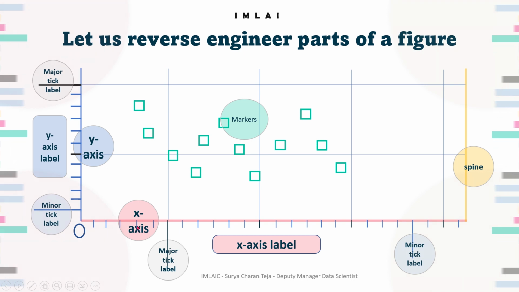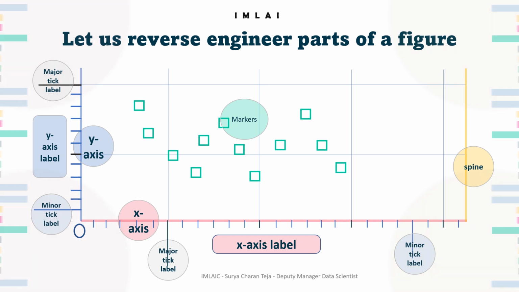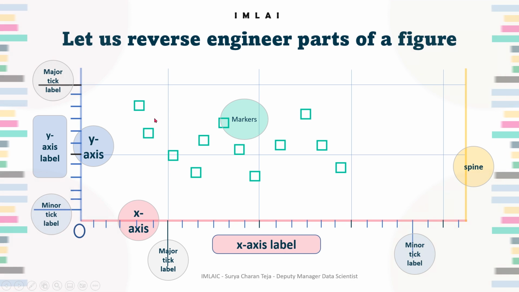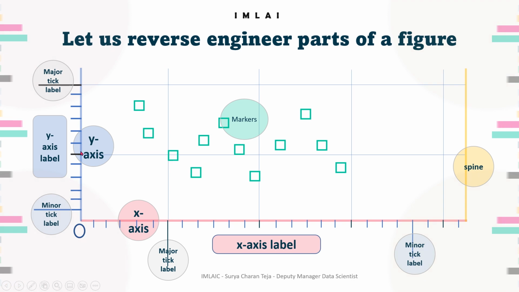If you take 4, it's a 4 comma 1, 2, 3, 4, 5, 6, 7, 8, 9, 10. So this marker is marked at a place where the coordinates are 4 comma 10. So that's what a marker is. A marker is marking a place on your workspace in your figure.